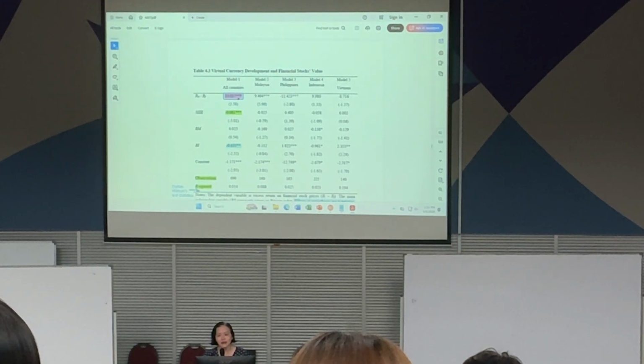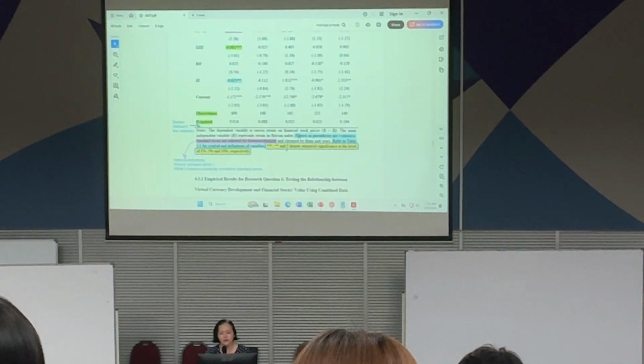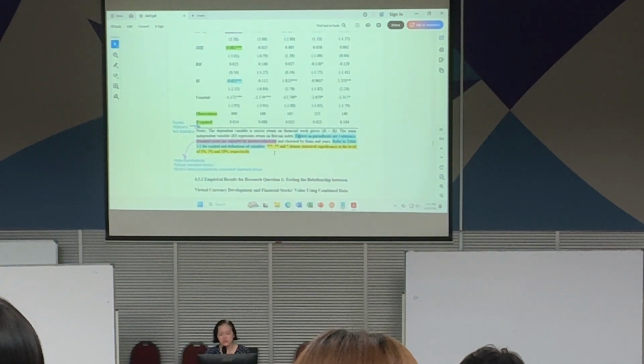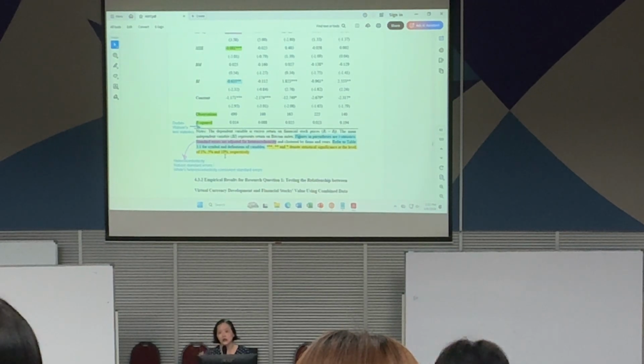All the stars here will be based on your p-value, isn't it? Right? And the p-value, because this is the result, we will segregate into 1 star, 2 star, 3 star. We follow the standard for journals. 3 star means significant at 1%. 2 star is 5% and 1 star is 10%, like what I taught you before.